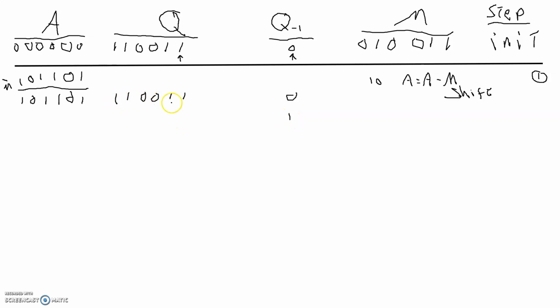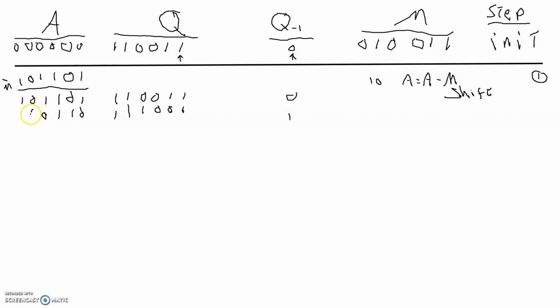All these bits are then shifting. So this one comes here. This 0 comes here. This 0 comes here. This one comes here. This one comes here. And now this one here is shifting here. This 0 comes here. The 1 comes here. The 1 comes here. The 0 comes here.